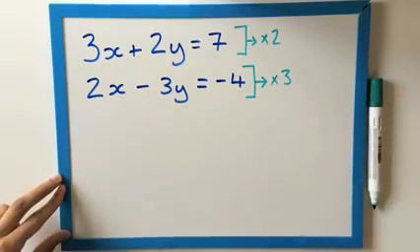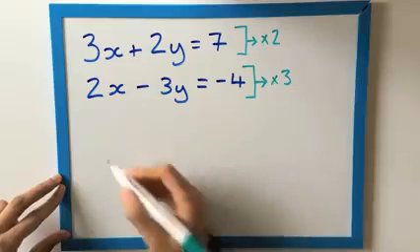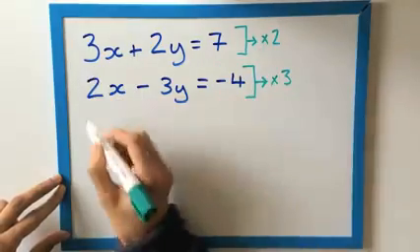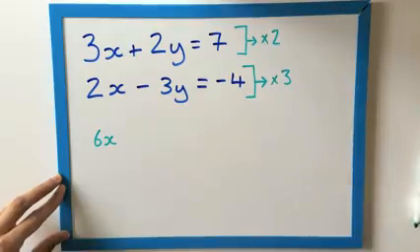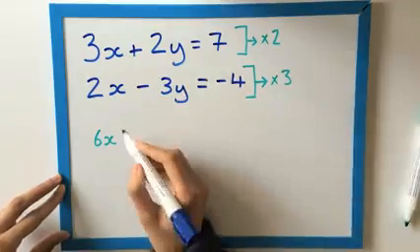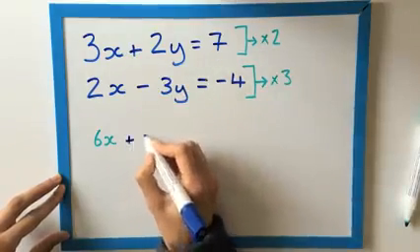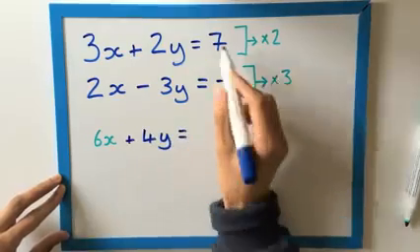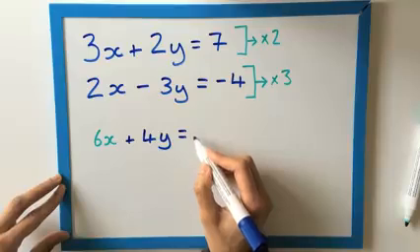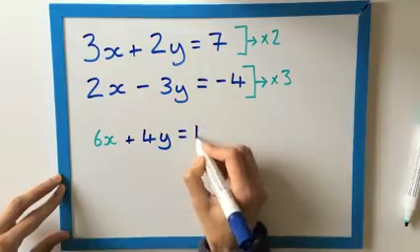So let's go ahead and write the two new sets of equations down. So 3x times 2 is 6x. 2y times 2 is equal to 4y. And finally 7 times 2 is equal to 14.